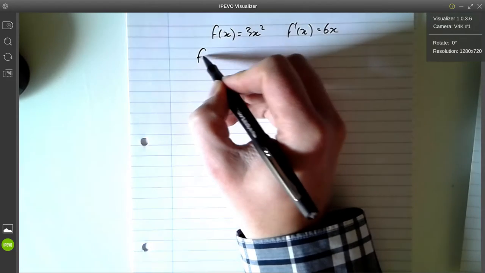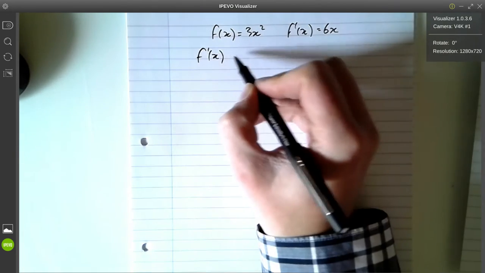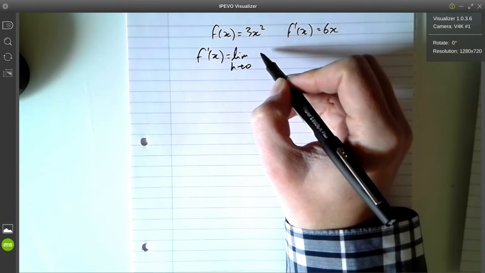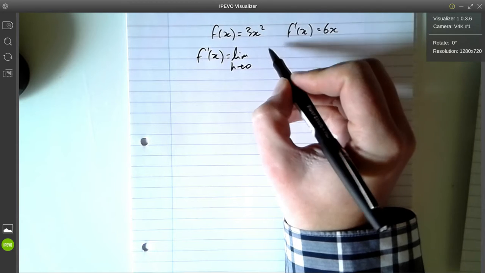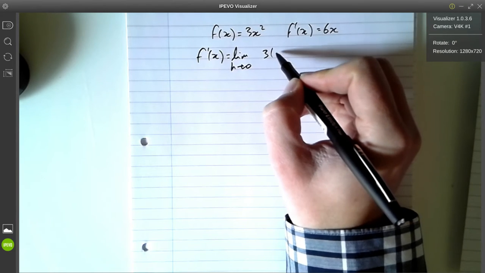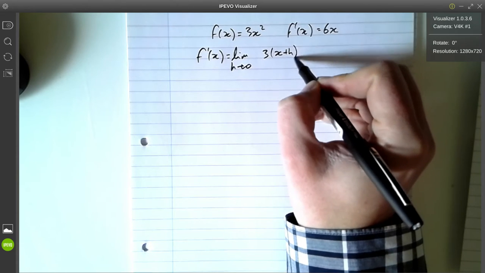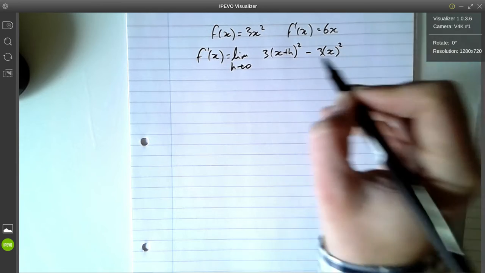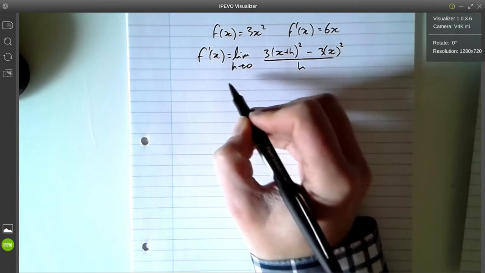So we'll set up our f dashed of x. That's going to be equal to the limit as h tends to 0 of 3 lots of x plus h squared subtract 3 lots of x squared, all over h.